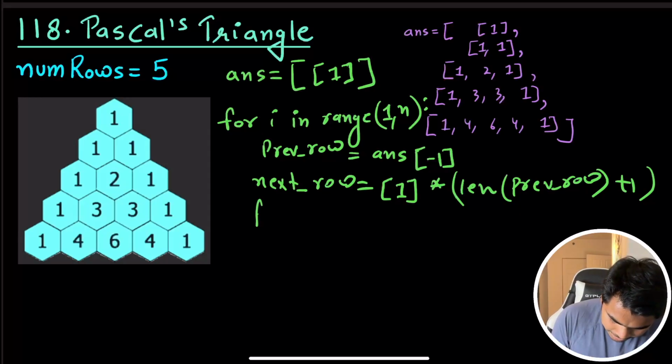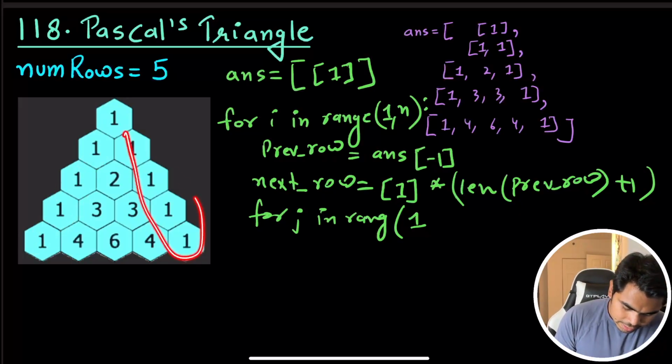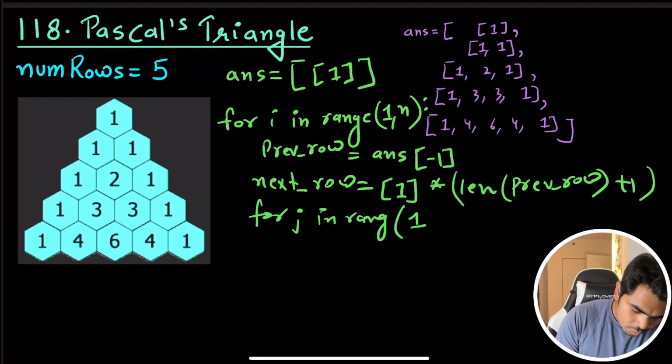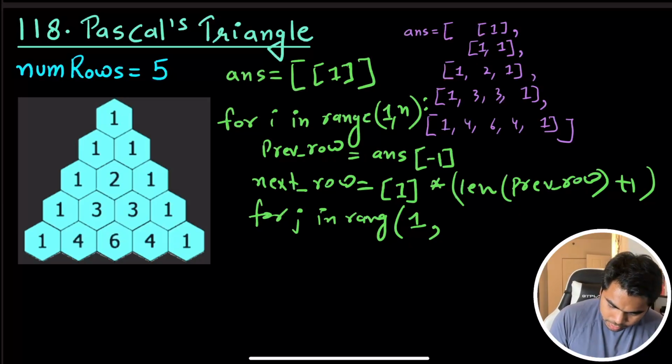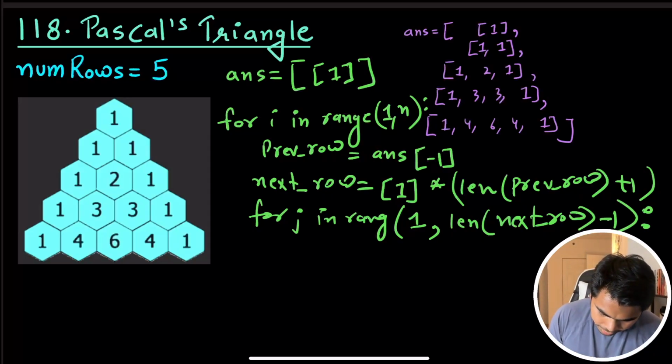For filling this next row, I'll go for j in range. I'll start with 1 because the first and the last are going to be the same, so I'll go from 1 till the second last position, which is length of next row minus 1. That's it. Now here I will calculate that value.